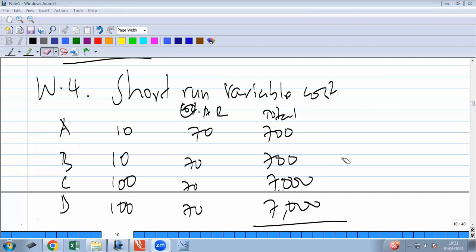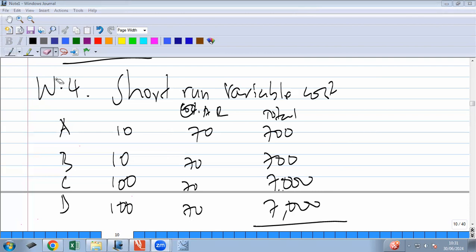So the first working was right. Yes, I also agree with the first working. Correct. So that total should correspond to the 3,800.